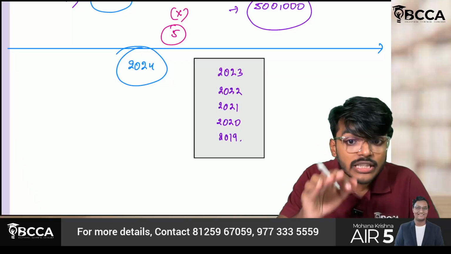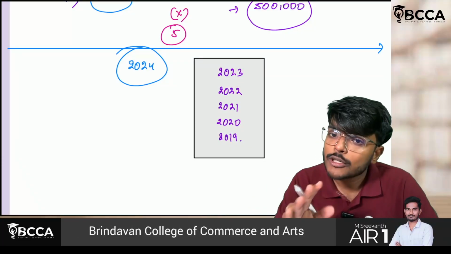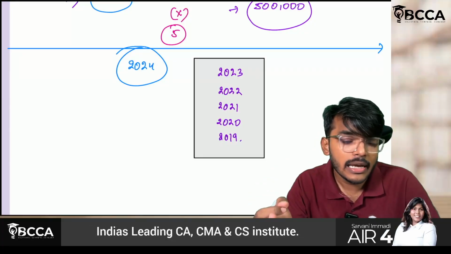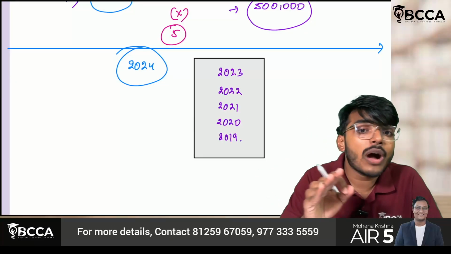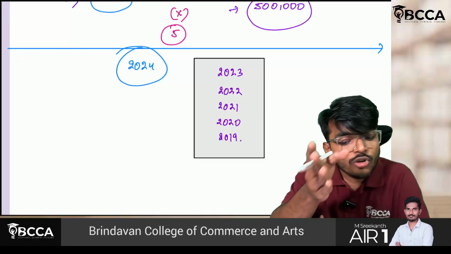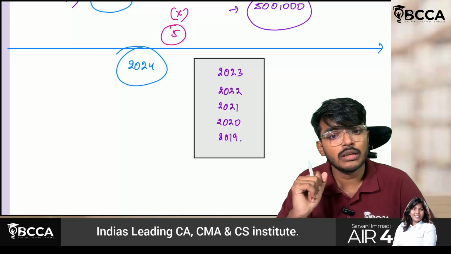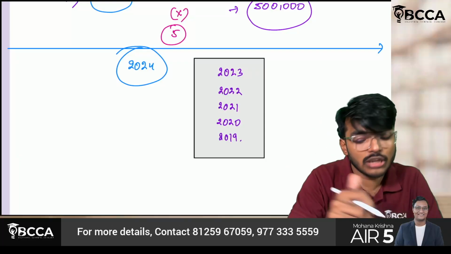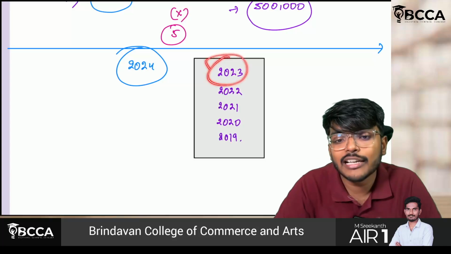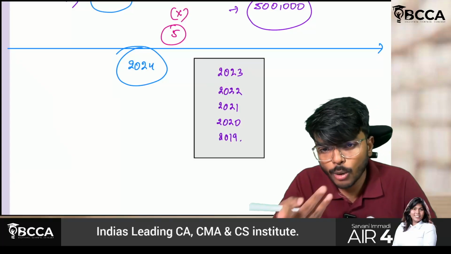So sometimes they will give weighted average, but don't apply your minds from the examination perspective. If you want to apply the weights, you have to give the highest weight to the most recent values, which means the highest value to 2023. Obviously correct.